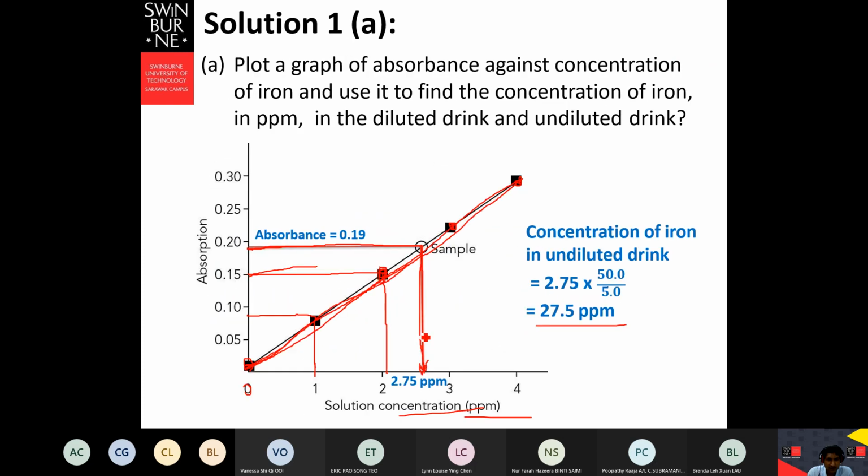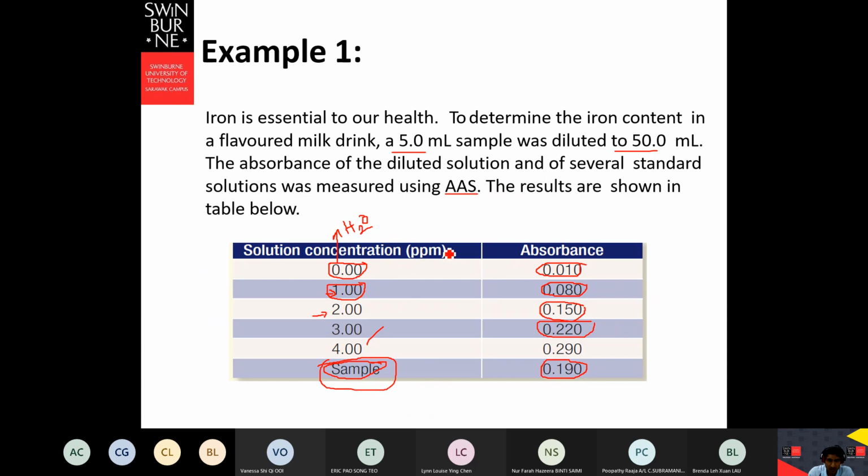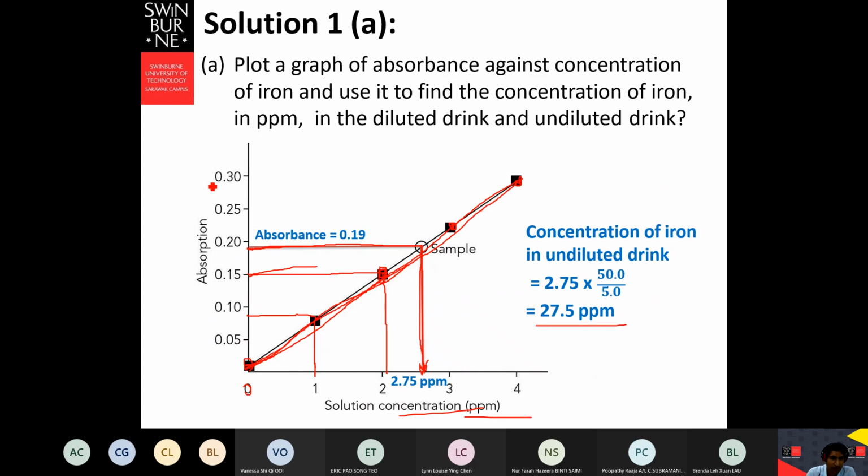If we did not dilute, the milk sample would come out of range. Let's say the standards we prepared gave absorbances of 0.1, 0.2, up to around 0.3.